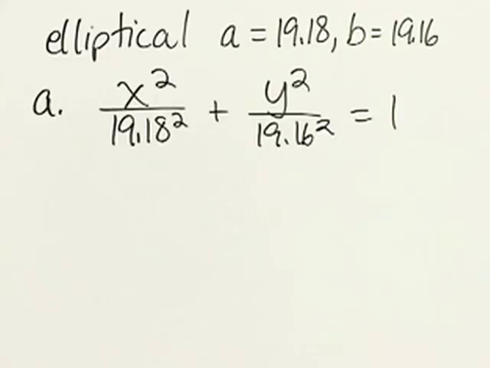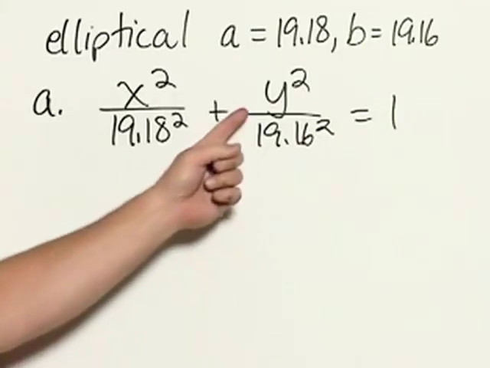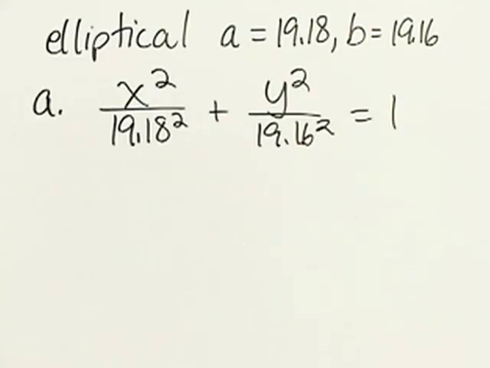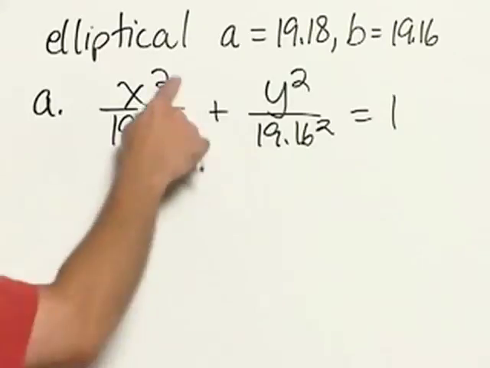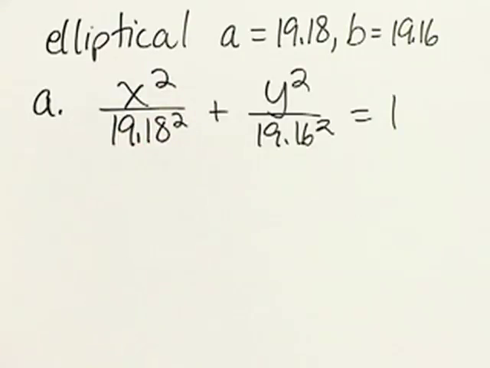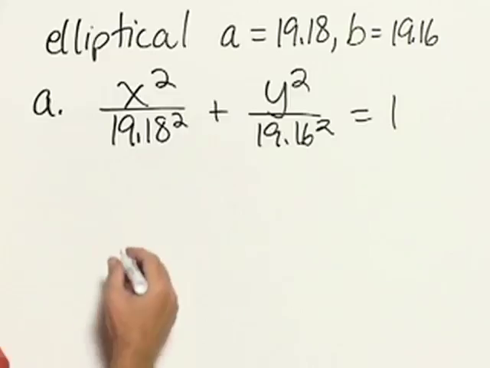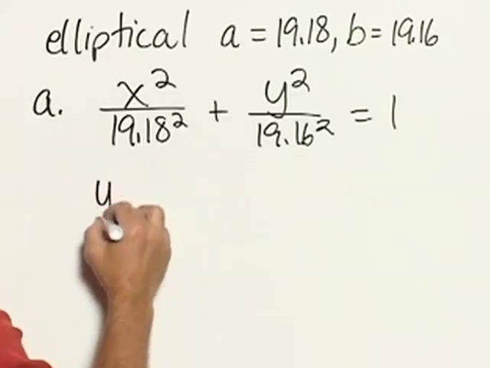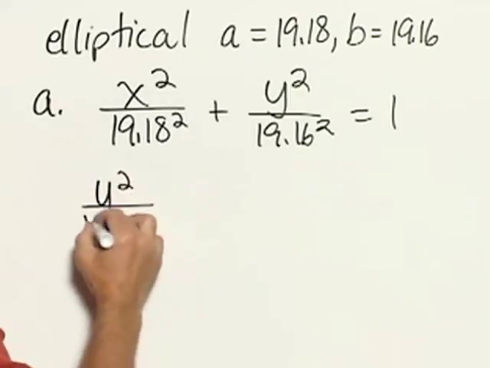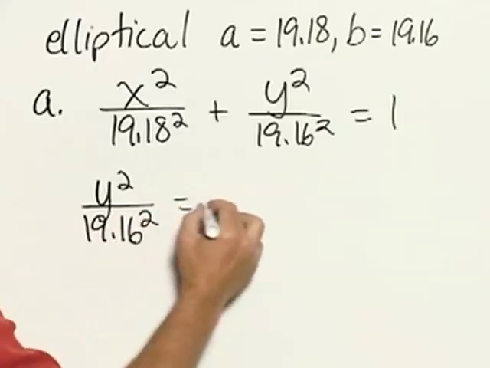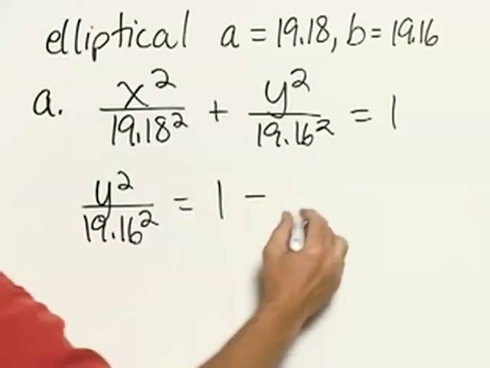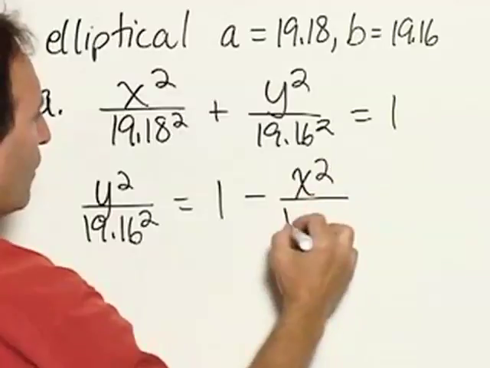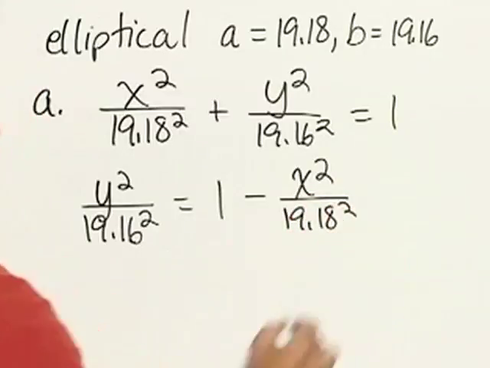In order to use the calculator to help us solve this, we need to solve for y. First let's subtract x squared over 19.18 squared from each side. So y squared divided by 19.16 squared will equal 1 minus x squared over 19.18 squared.